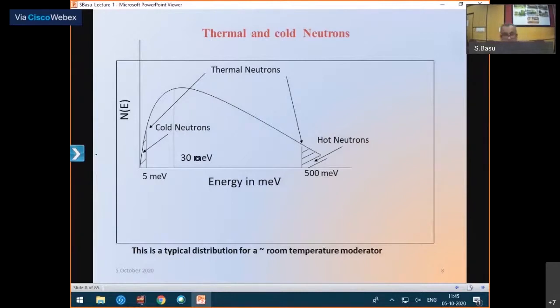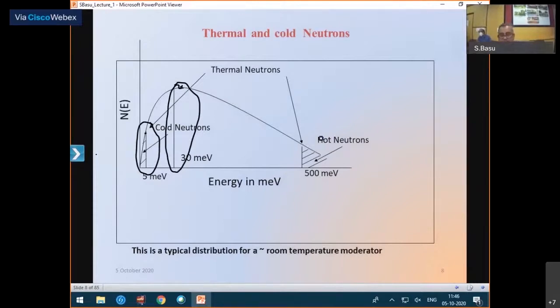Typically this is a Maxwellian distribution with a peak around 30 millielectron volts, and in this Maxwellian you have a portion with neutron energy less than 5 millielectron volts, which gives us a handle for using them for very slow dynamics.